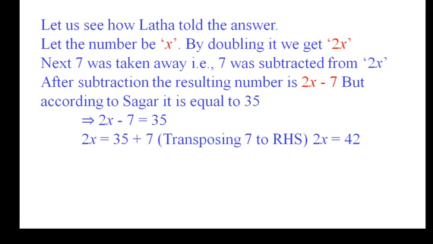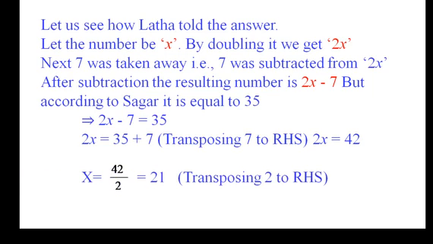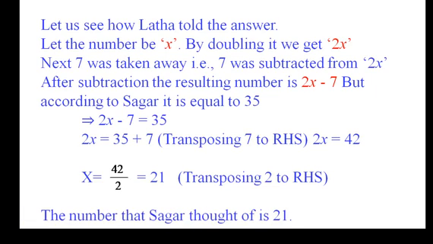So 2x is equal to 42. So x is equal to 42 by 2, which is equal to 21. Here 2 is also transposed to the RHS. So x is equal to 21. So the number that Sagar thought of is 21.